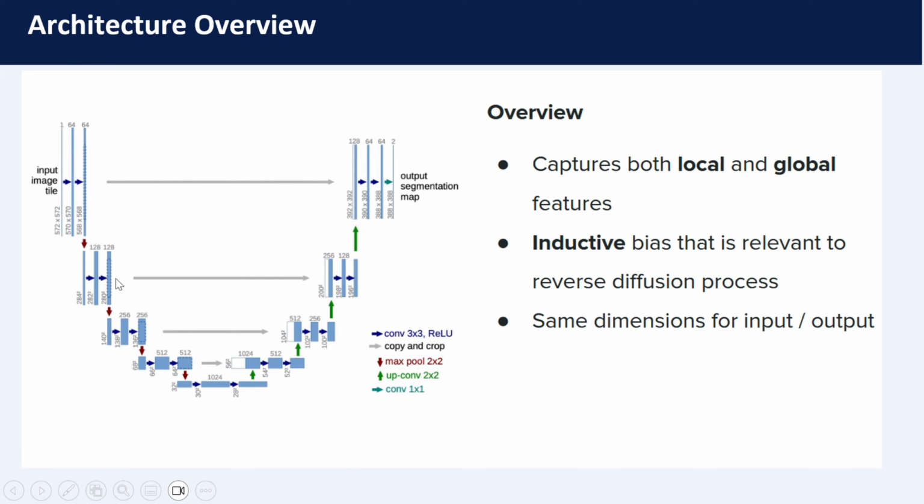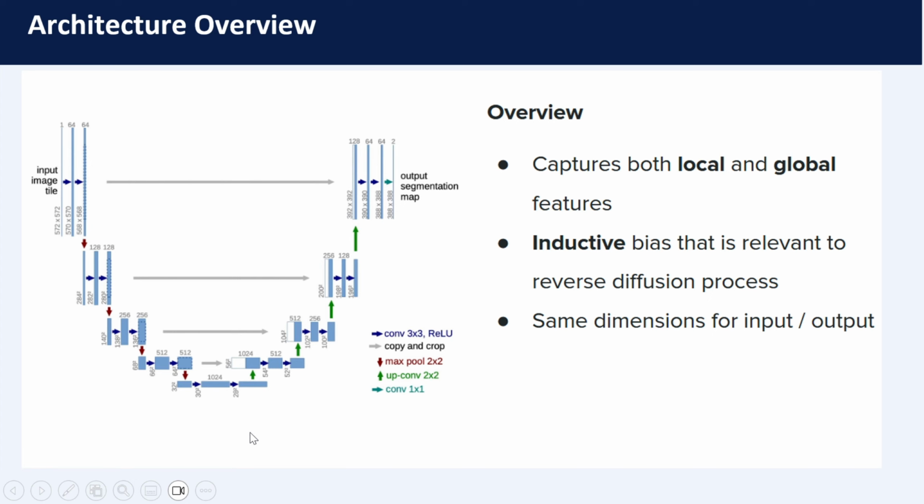We have 64, now we have 128, and then we apply again 2 times the convolution with a 3 by 3 kernel size, and after that we apply the activation function. So we keep repeating this up to the bottleneck, right, up to here.